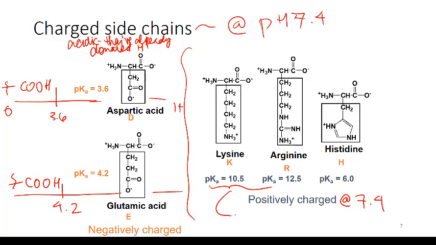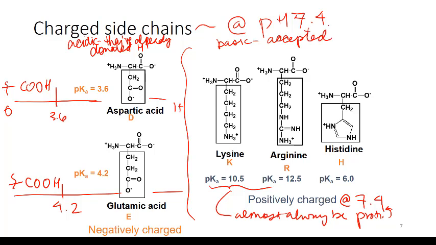So these two are going to almost always be protonated at physiological pH 7.4. We can also call these side chains basic, because they fulfill the role of a Bronsted base, in that they've accepted a proton and become positively charged at pH 7.4.